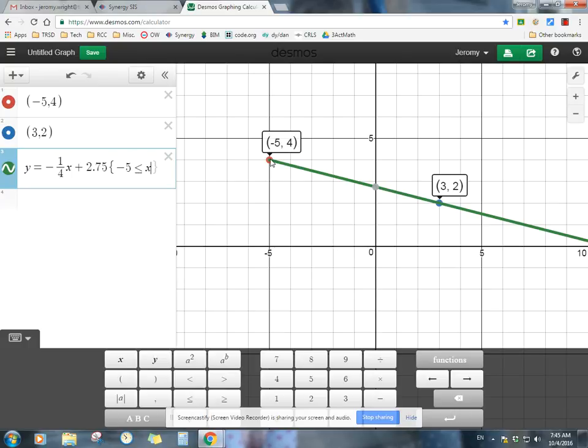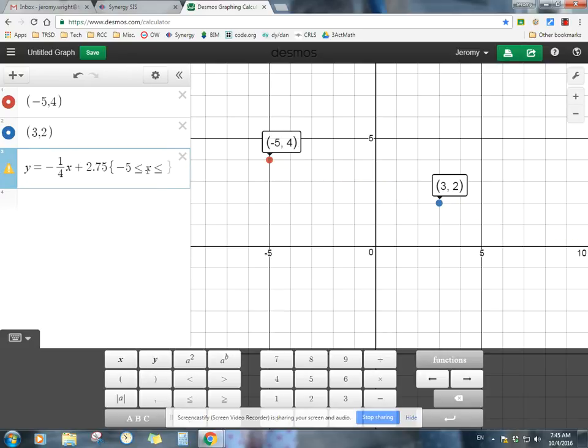So it only gives me values of x to the right of negative 5. See, all of these x values are greater than negative 5. Then I'm going to put another inequality because I want x values that are greater than negative 5 but less than 3. And when I put in the 3, now I've got my line restricted.